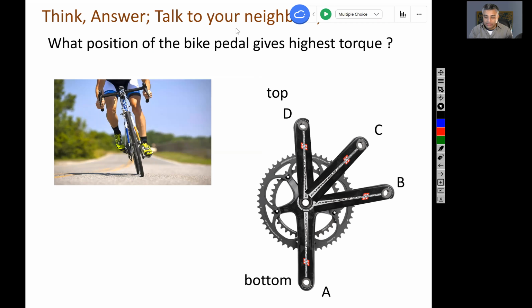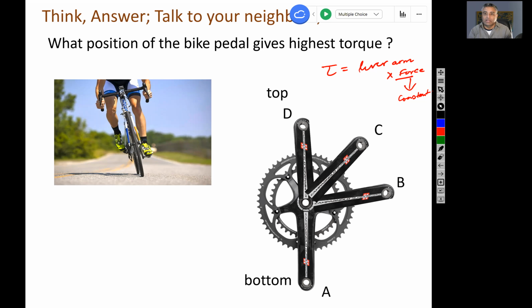Let's talk briefly about why. Torque is lever arm times force. The bicyclist is the same person, so we can say force is constant, and we can assume it's applying the same force, right? So wherever the lever arm is longest, that's going to be the most torque, okay?